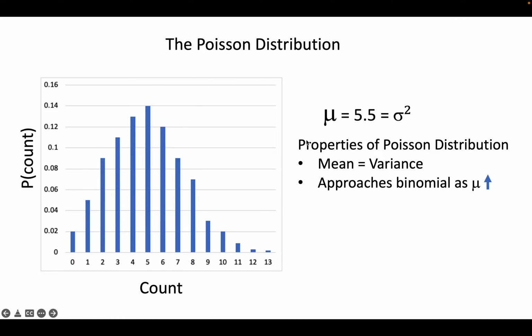Another property is that as the mean increases, so here now the mean's 5.5, the distribution starts to approach the binomial distribution. An example of a binomial distribution is if we have a known probability of the event happening, like flipping a coin, then we can figure out the probability of getting heads in a certain number of trials.